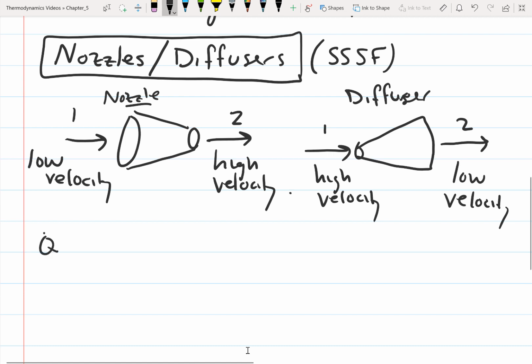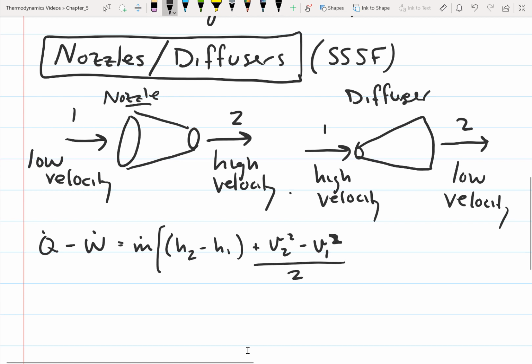So we have Q minus W is equal to m dot, because this is just single stream. And then we have, and I'm going to change the enthalpy out and enthalpy in to just H2 minus H1, plus V2 squared, oops, that's V2 squared minus V1 squared over 2 as our kinetic energy, plus g times Z2 minus Z1.